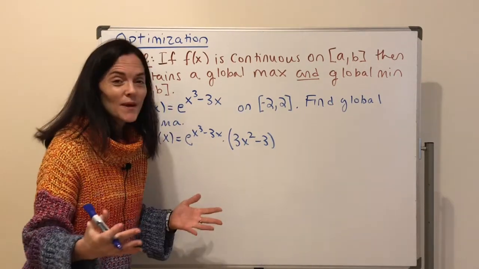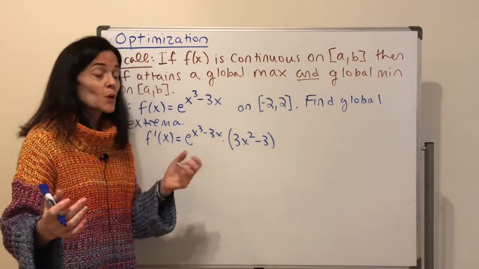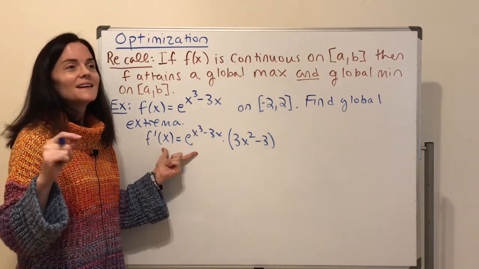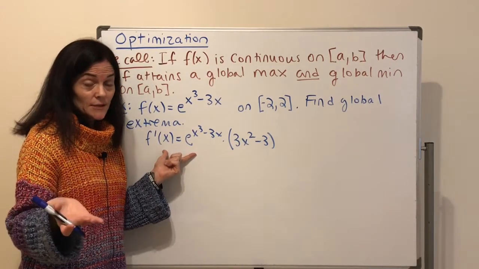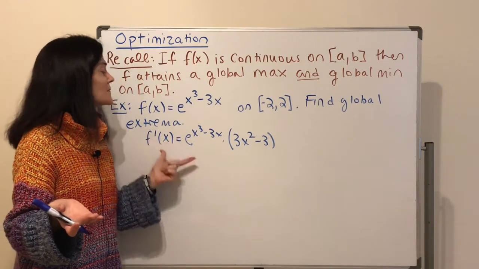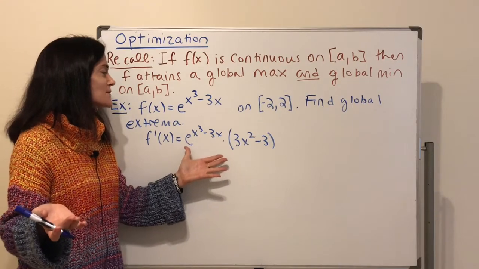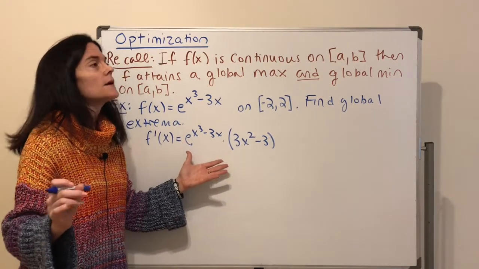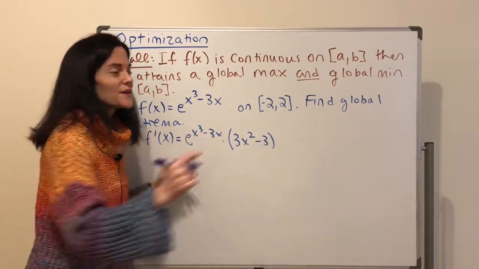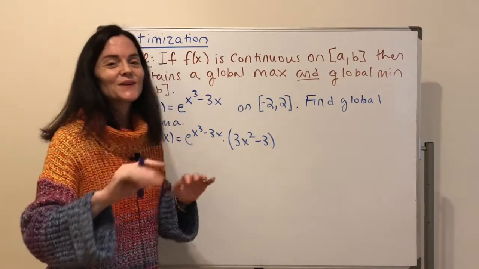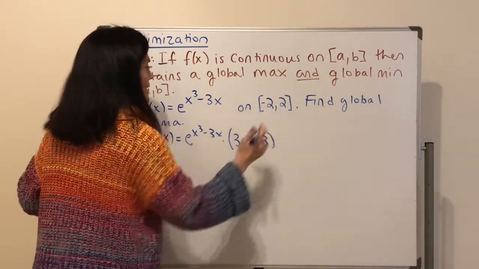Then the critical points are the x values where this derivative does not exist or is 0. If we look at this formula, it's fine in terms of being defined, but because we're looking on a closed interval, the derivative does not exist at the endpoints.